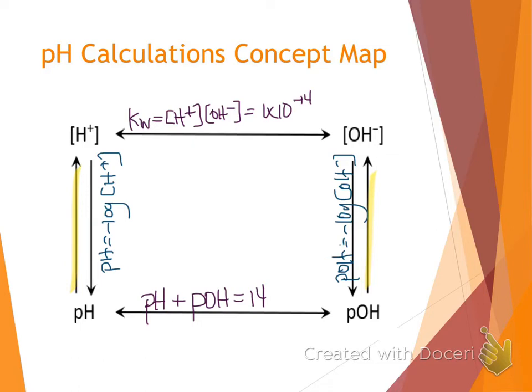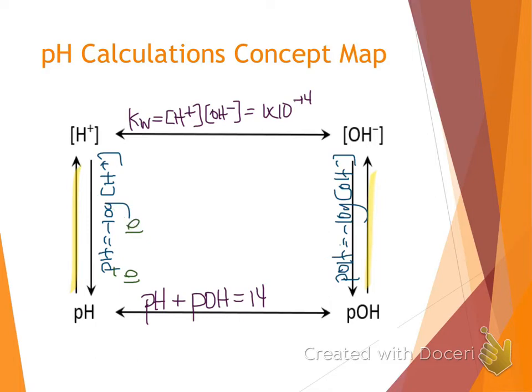formula chart. If we have the pH, we can find the H plus concentration by taking the anti-log. To solve for H plus from the pH, we would need to raise both sides, looking at our equation here, to 10 to the negative power. That is going to take out our log and give us our H plus ion concentration.